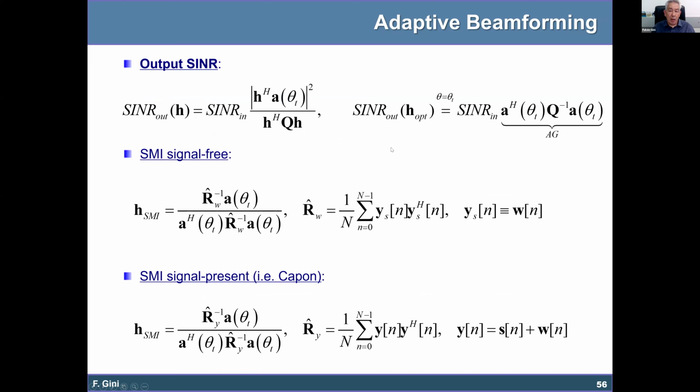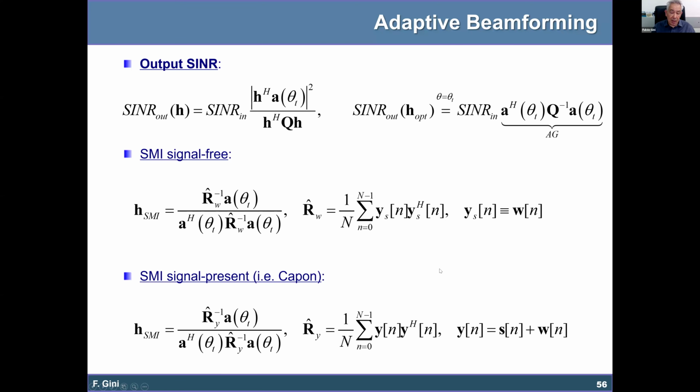This is the array gain of the optimal beamformer, you remember it is A Hermitian Q to the minus 1 A. This is the sample matrix inversion beamformer, where we can estimate the disturbance covariance matrix by using secondary data that are not contaminated by signal.